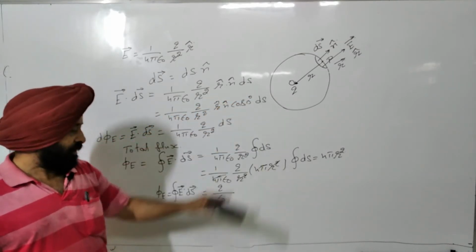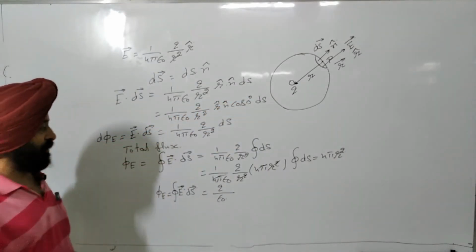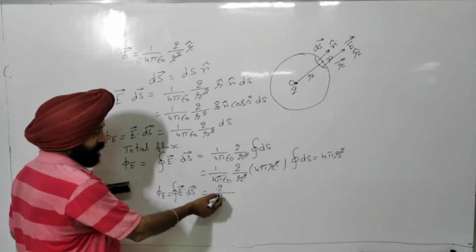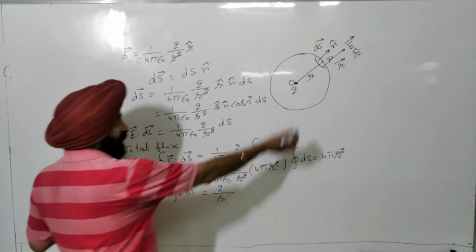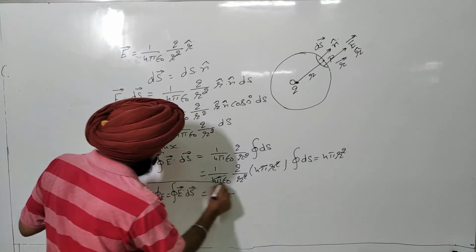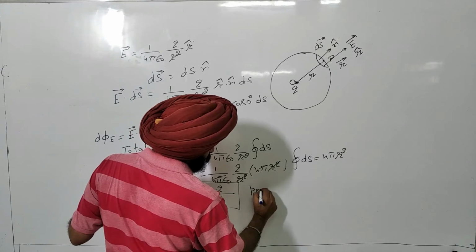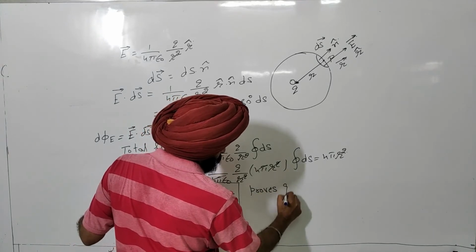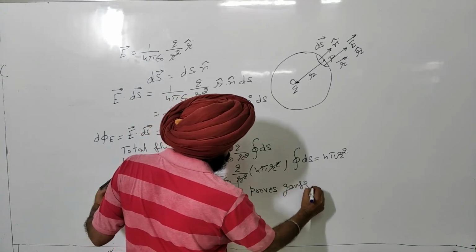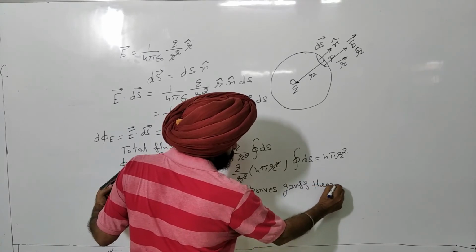That surface is taken as a Gaussian surface, so it is 1 over epsilon 0 times the total charge enclosed in the surface. This proves the Gauss theorem.